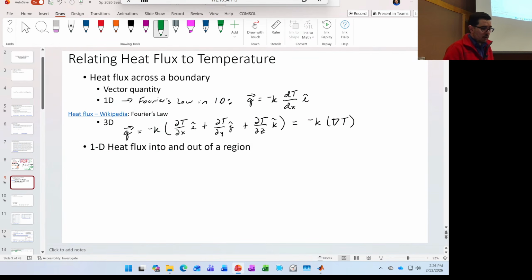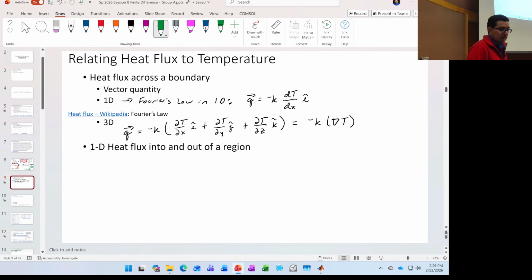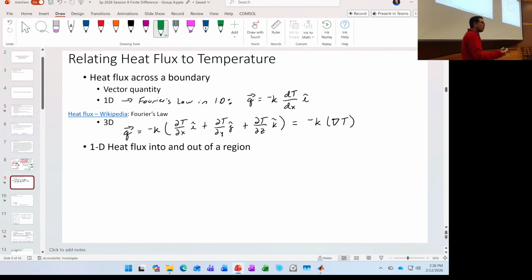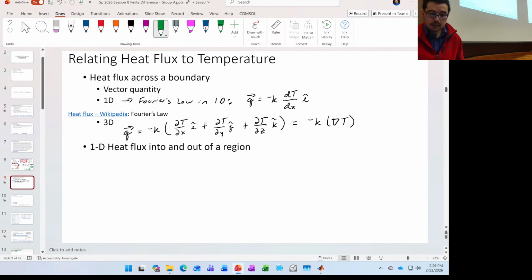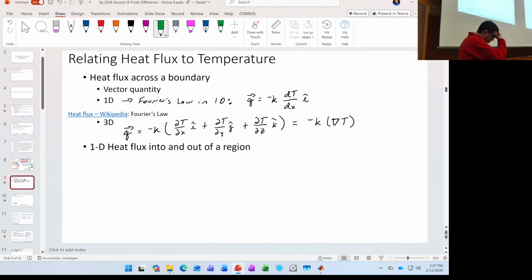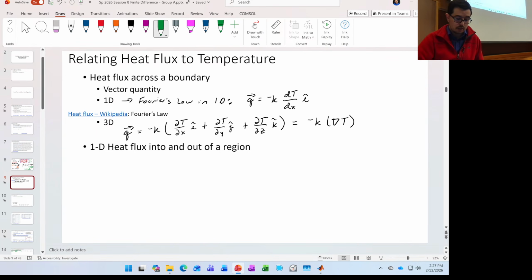Now let's begin to think about flux into and out of a square or a prism. We'll make it a little bit 3D-ish to illustrate this principle.